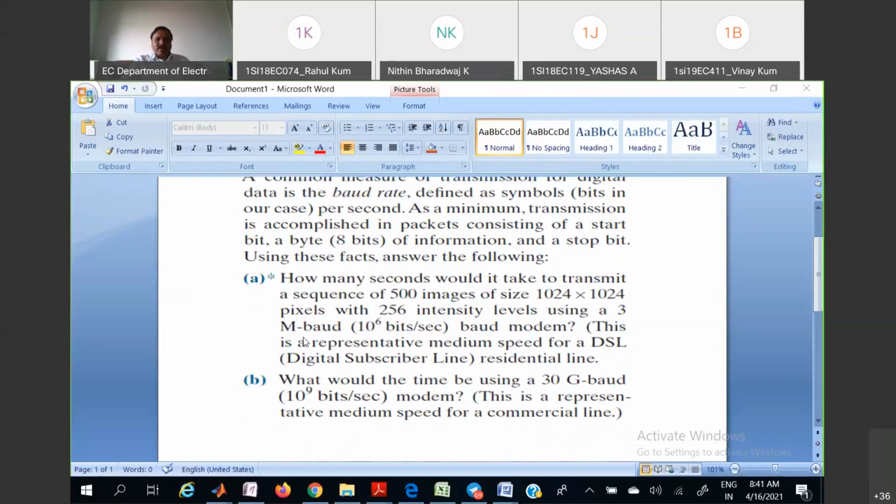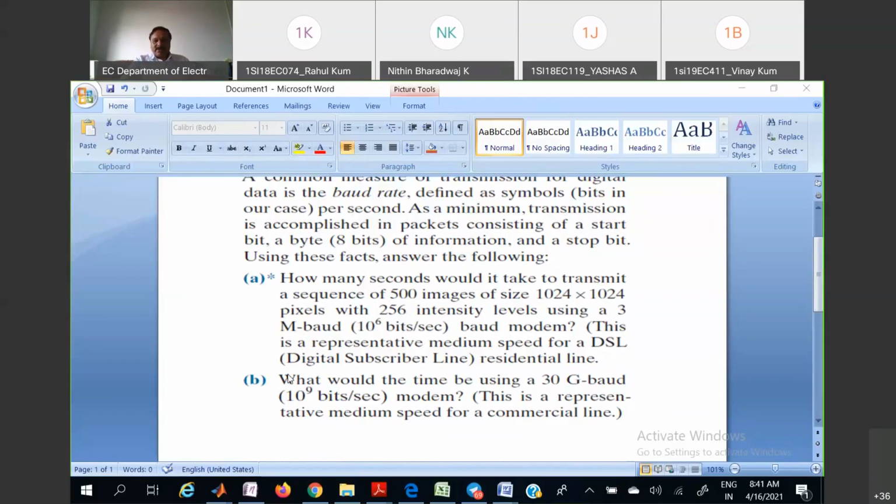Now what he wants is, how many seconds would it take to transmit a sequence of 500 images? Please understand this. A sequence of 500 images of size 1024 cross 1024 pixels with 256 intensity levels using a 10 to the power of 6 bits per second baud modem.